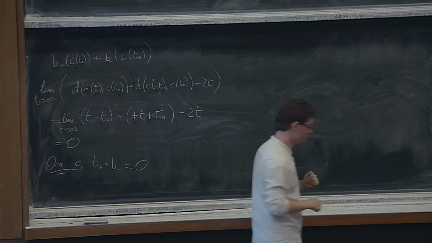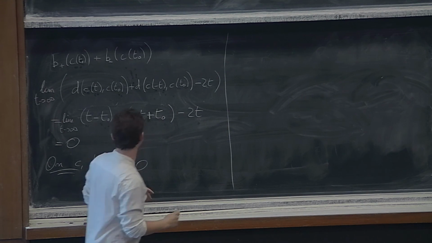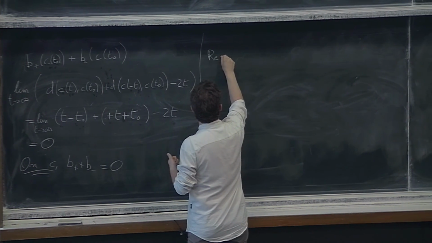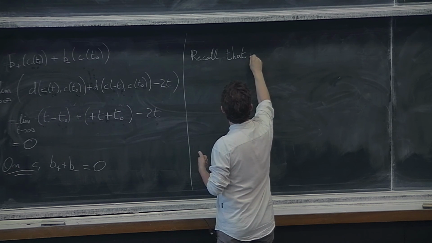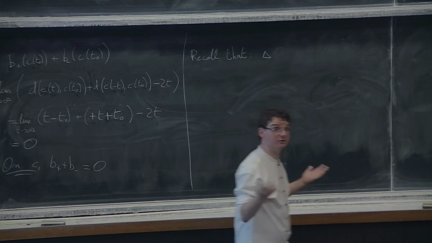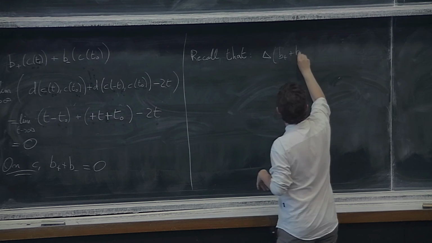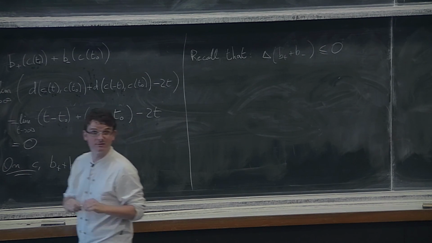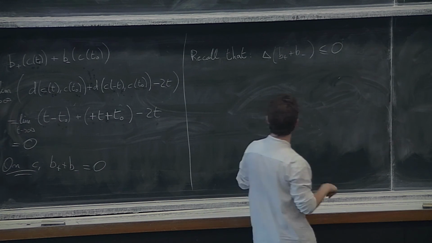Now, we have some Laplacian comparison going on. Recall that the Laplacian of b for any Busemann function is less than 0. So the Laplacian of b plus plus b minus is less than 0. Okay? So what can we say from that?